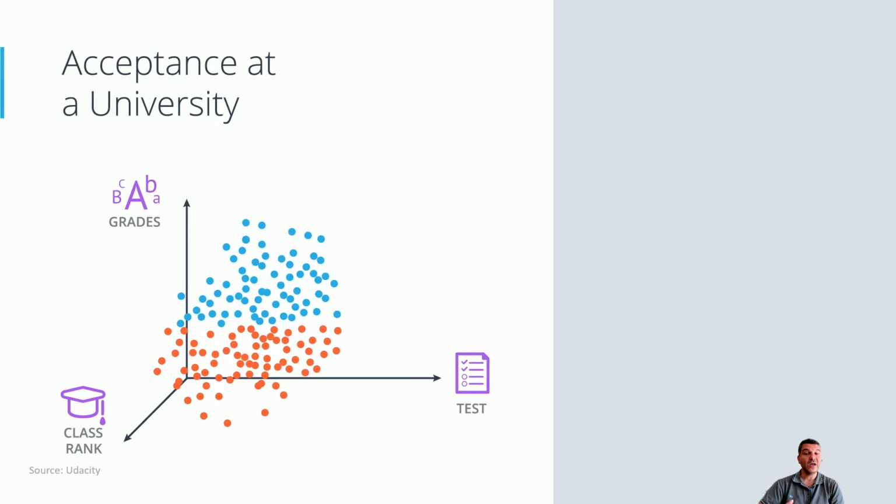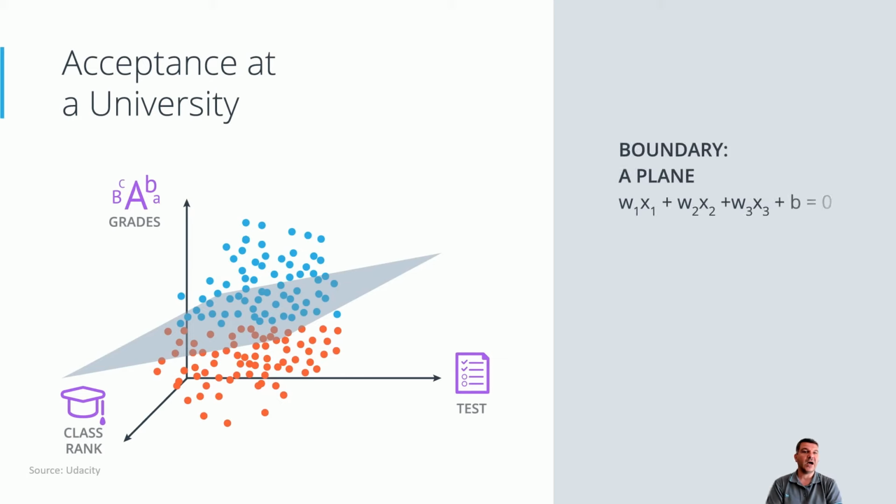We would have a two-dimensional boundary that would go through them, which would be our prediction. So the boundary plane would be one minus the dimension of our data. As we have a line in two dimensions, we have a two-dimensional plane in three dimensions.